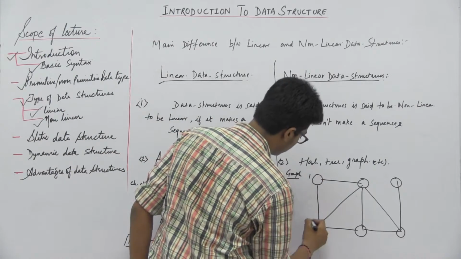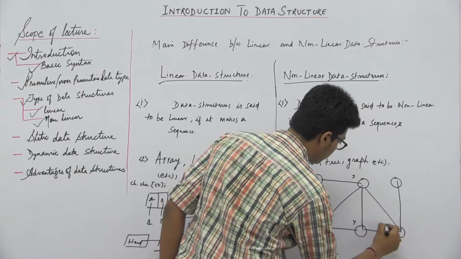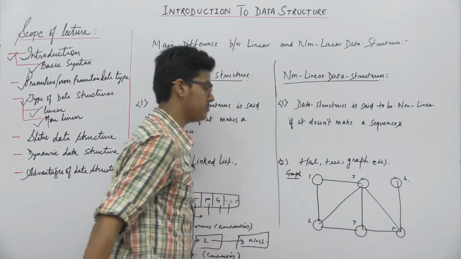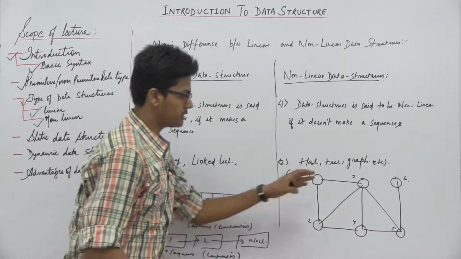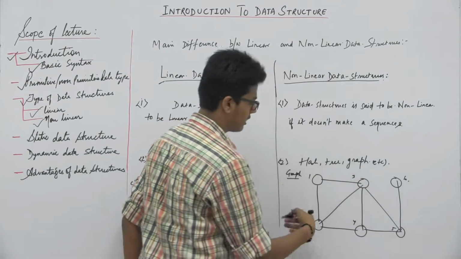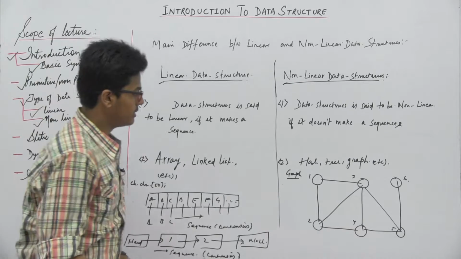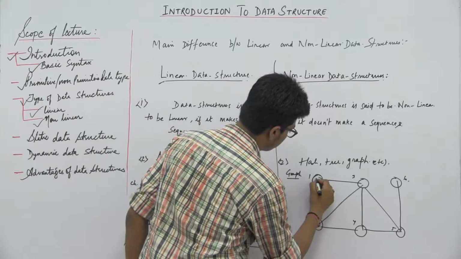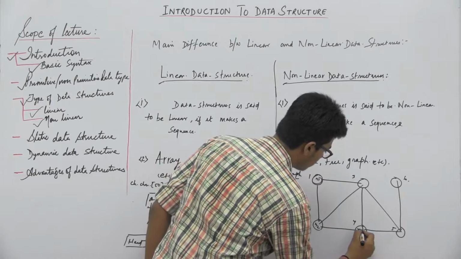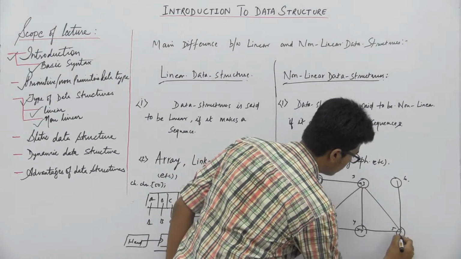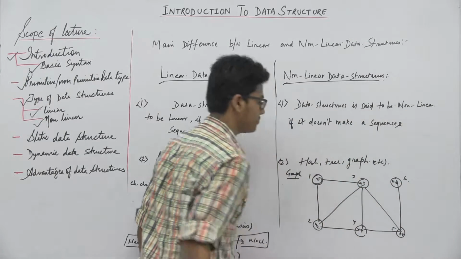It comprises 1, 2, 3, 4, 5, 6. This form of graph is not a sequence and does not make any regular continuous order, so it is a non-linear data structure, right? Suppose these are node 1, node 2, node 4, node 3, node 5, node 6.